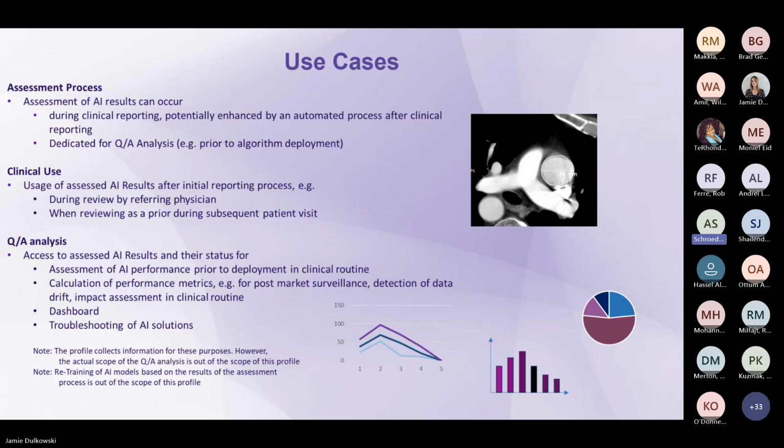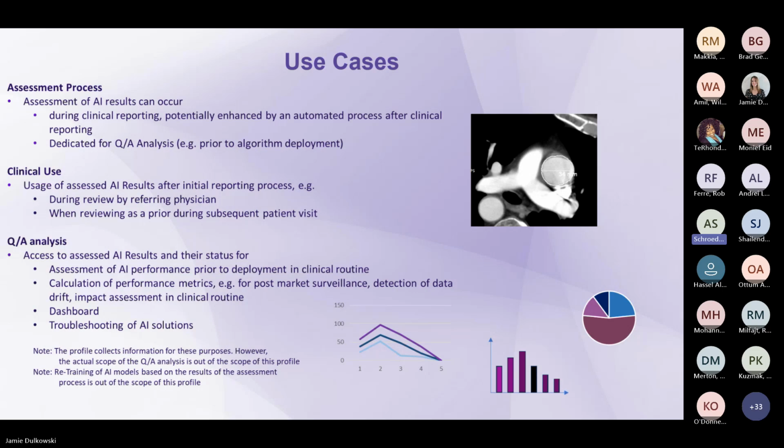similarly as stated above, for the clinical use purposes, where you just want to make sure that the referring physician or even another radiologist who uses this study as a prior only sees the valid AI results. And then there's this whole aspect of QA. We called it QA analysis, which could be for doing performance measurements of the AI algorithms during clinical routine.